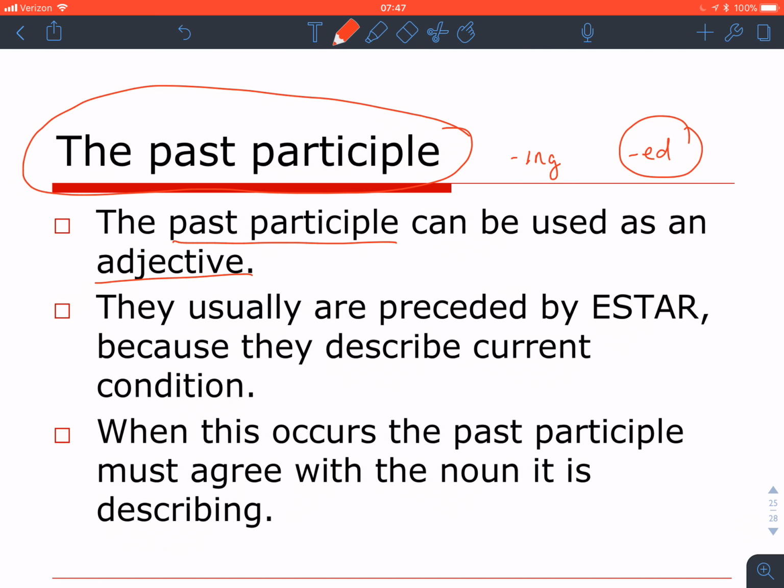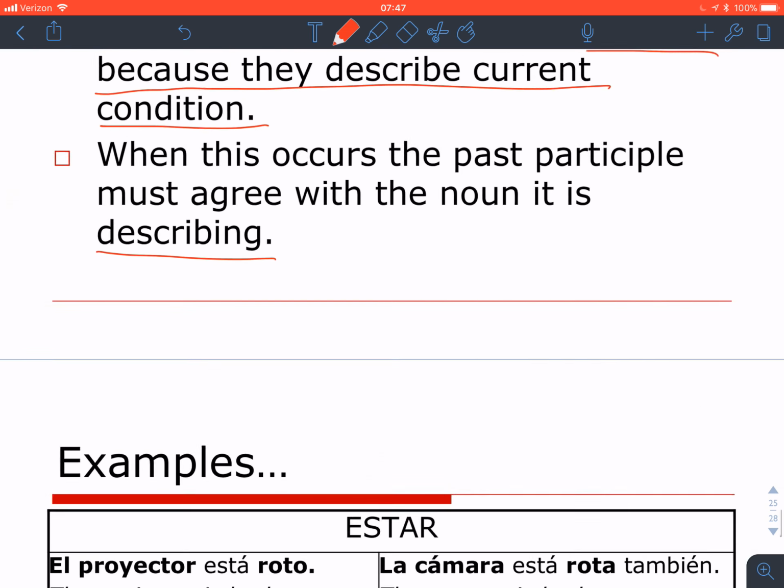So they're usually preceded by estar because they describe a current or resultant condition. And when this occurs, a past participle must agree with the noun that it's describing, okay? So every verb has a past participle form, just like every verb has a gerund form, and every verb will have at least a conjugated form from maybe six to four or two forms, okay?